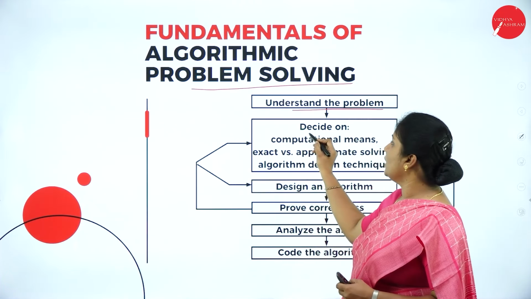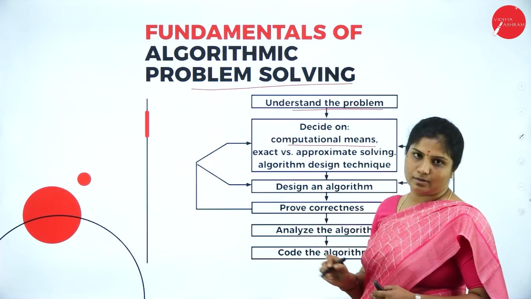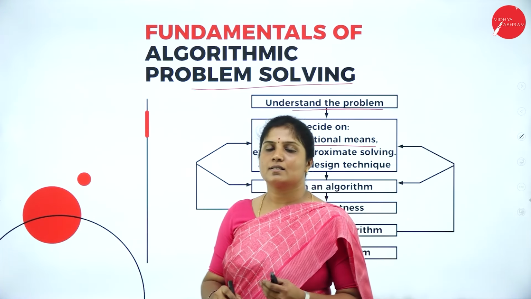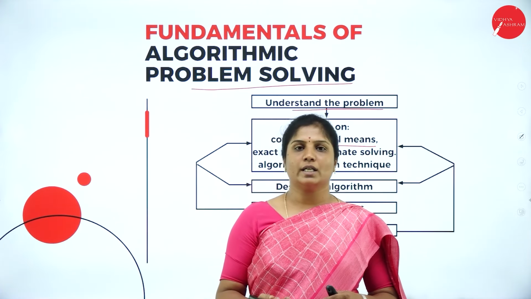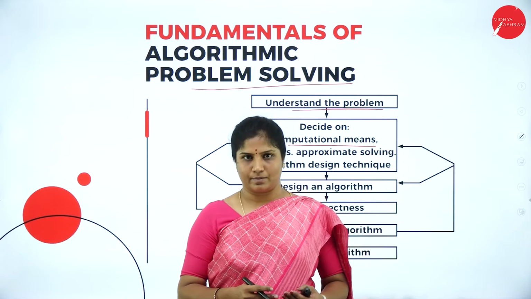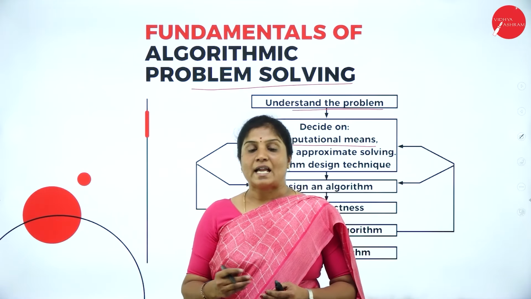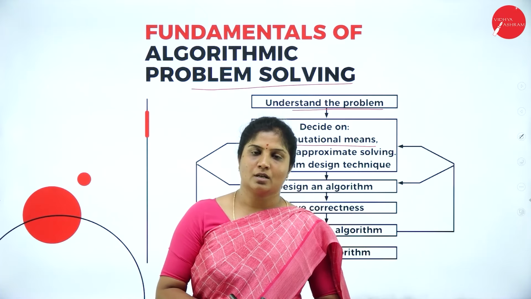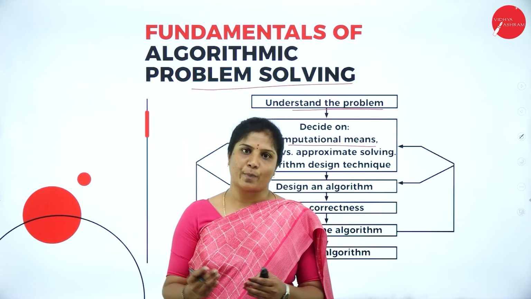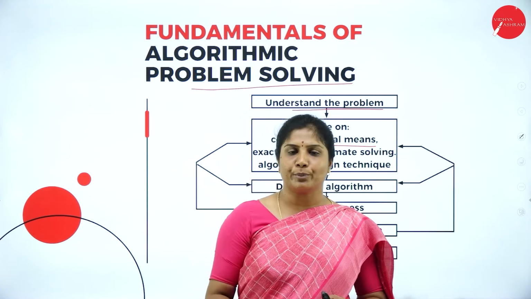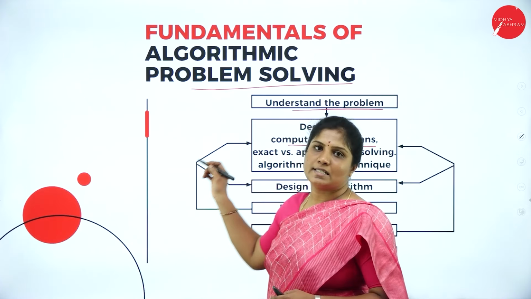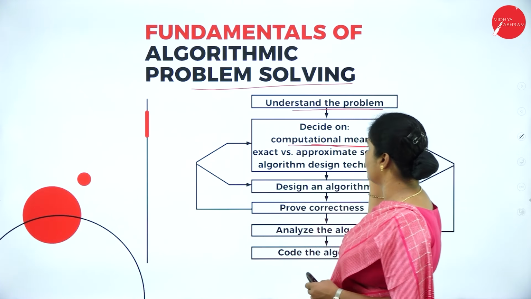Then after that, you need to decide the computational device. Computational means it depends on the processor or time: how much time it is taking to execute, how much space it is occupying. Depending on the input of your algorithm, it decides the computational device.